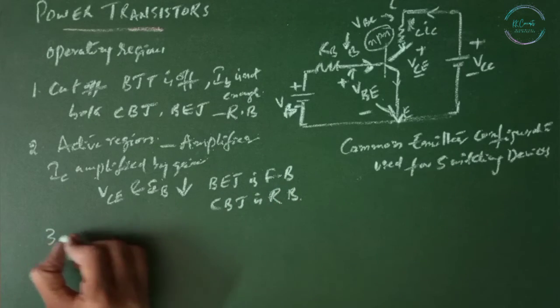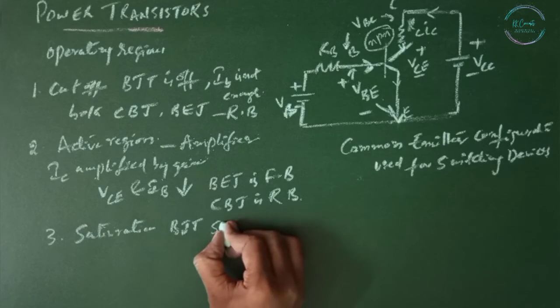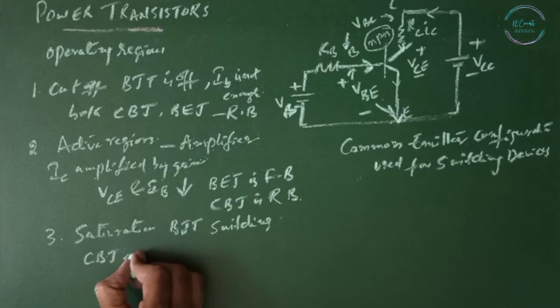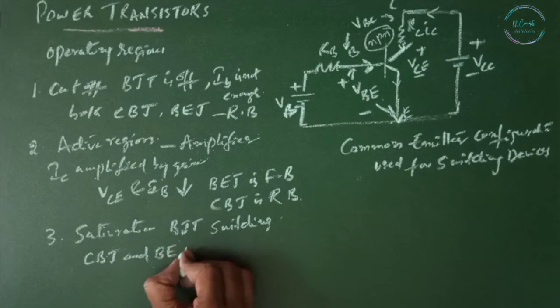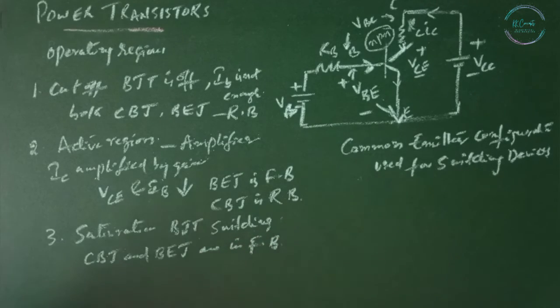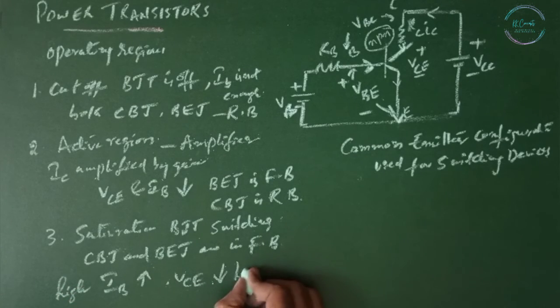And the third region, saturation, is used for switching purposes. The CB junction and BE junction are both forward biased. The base current is high, so the power loss is low.